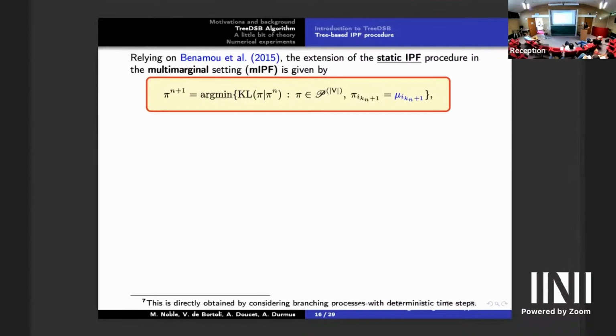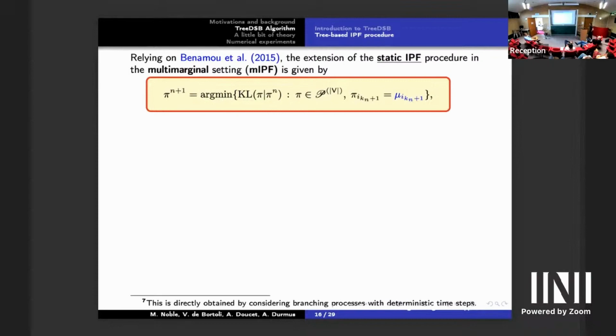I extend this by computing the projections along all the constraints. And so I follow some cycle. I project on the first, on the second, on the third. Then I have projected along everybody, and I start again: first, second, third, first, second, third. And so I compute a simple extension of the IPF with multiple marginal constraints.